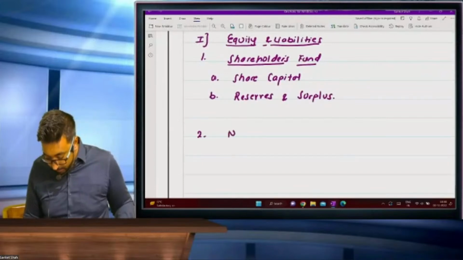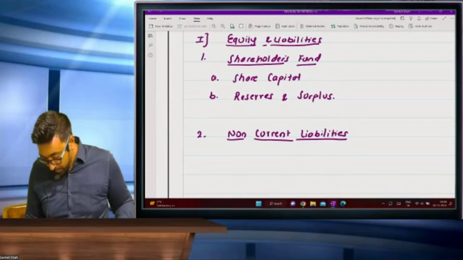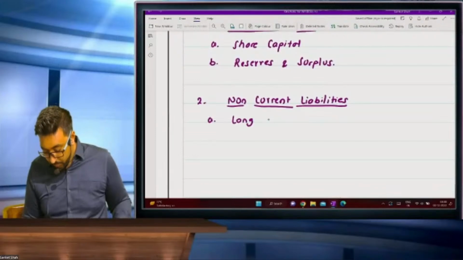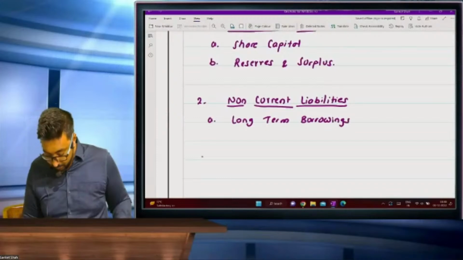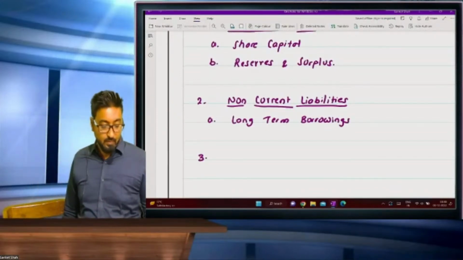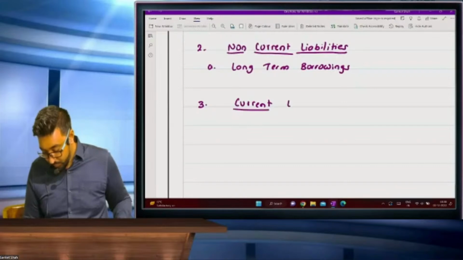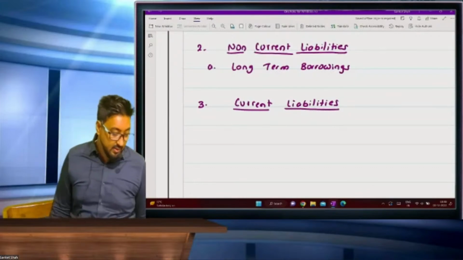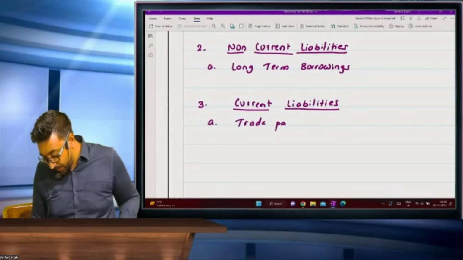After one line, non-current liabilities. After that, A. Long-term borrowings. B. Current liabilities. Under current liabilities, A. Trade payable.